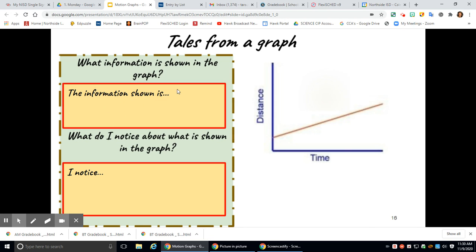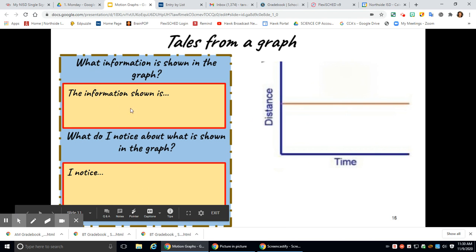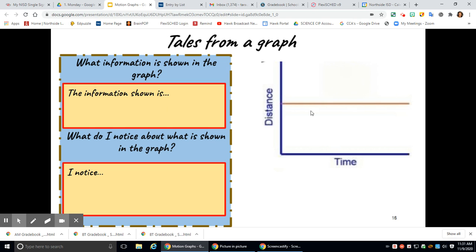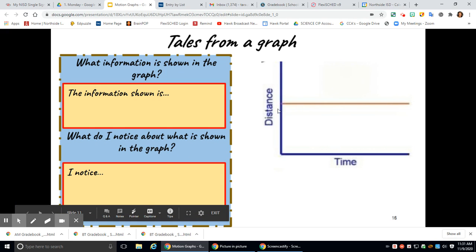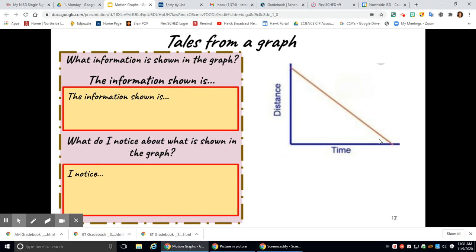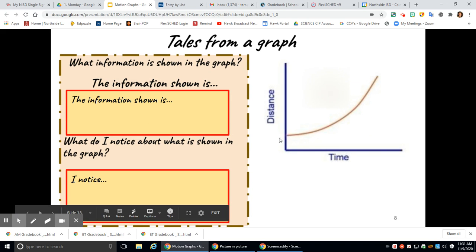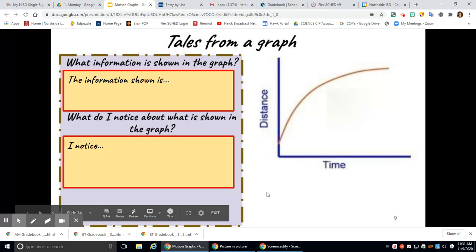The information shown in this graph is, and you notice. The information shown is, I notice that. And then the information shown in this graph, and what do you notice? You can refer back to the summary and notes to answer those questions.